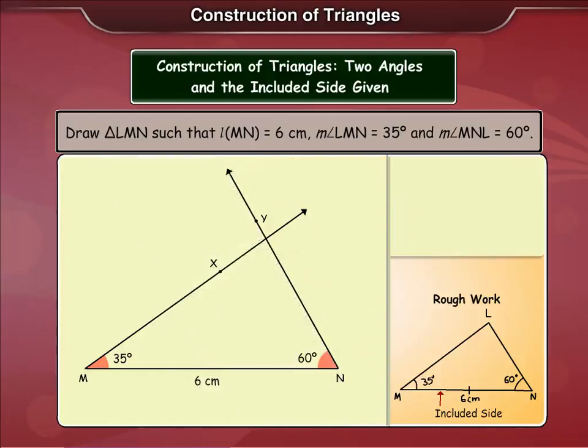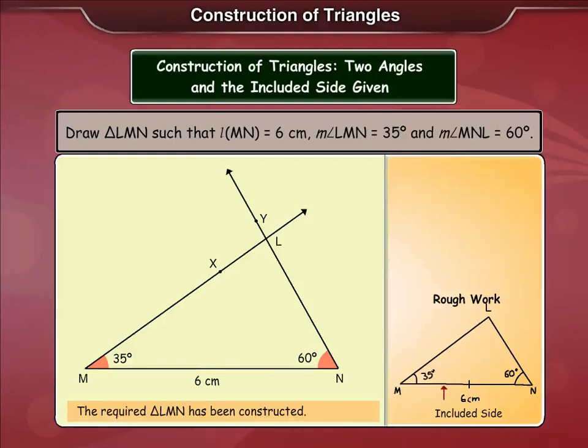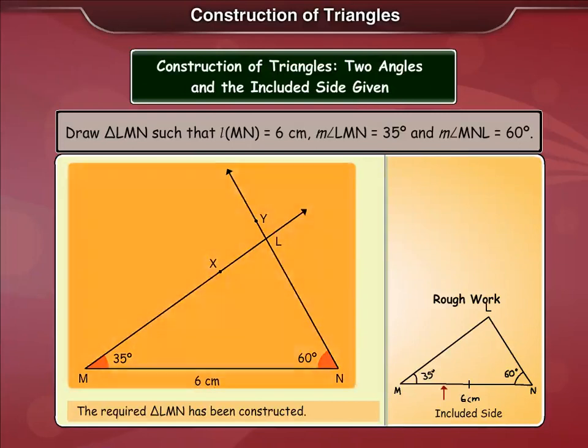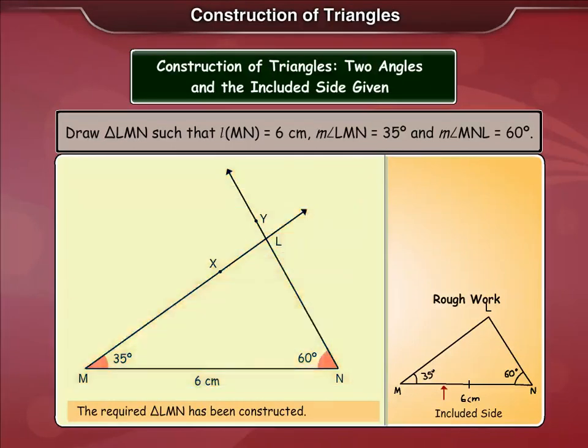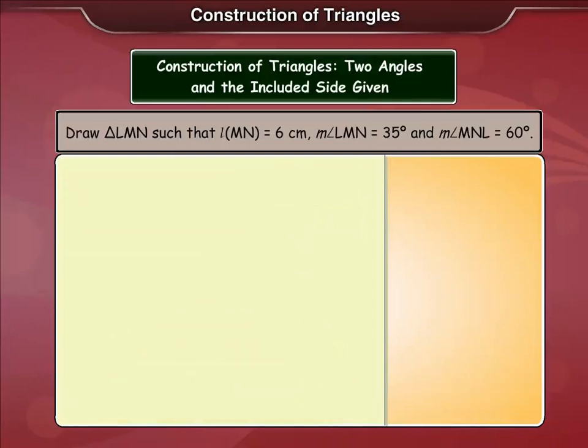Now, place a protractor at point N of segment MN and measure an angle of 60 degrees. Mark point Y at 60 degrees. Join point N and point Y to get ray NY. The point at which ray MX and ray NY intersect is point L. The required triangle LMN has been constructed.